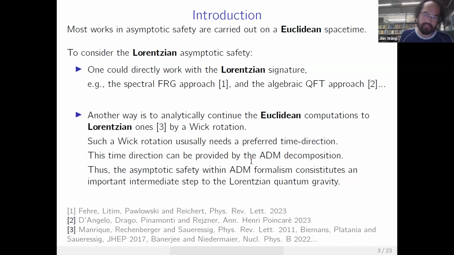Therefore, the asymptotic safety program within the ADM formalism can be regarded as a very important intermediate step towards Lorentzian quantum gravity. So I think this is the main motivation why we consider asymptotic safety within the ADM formalism.